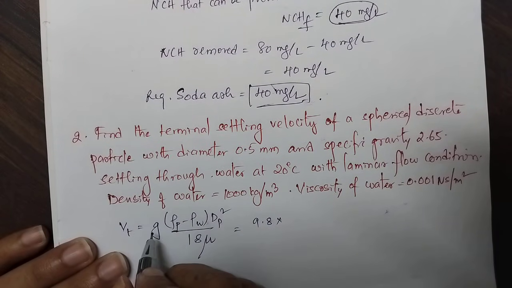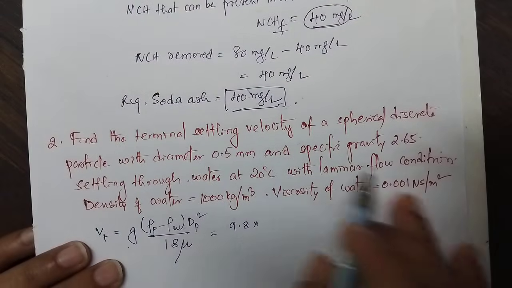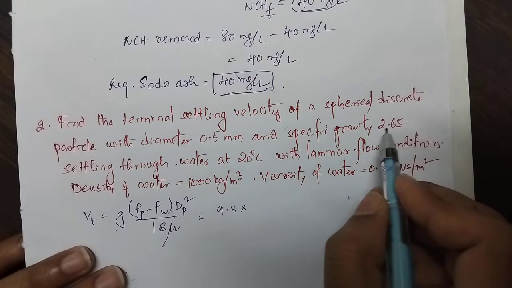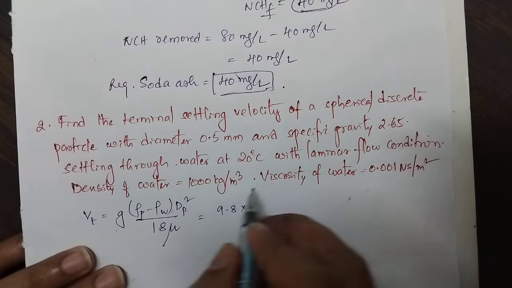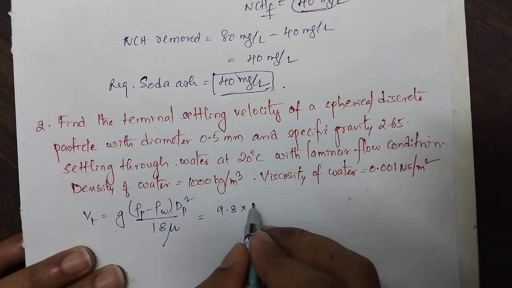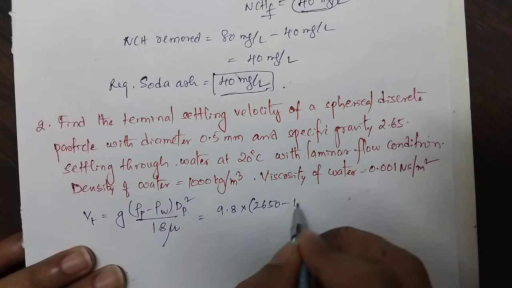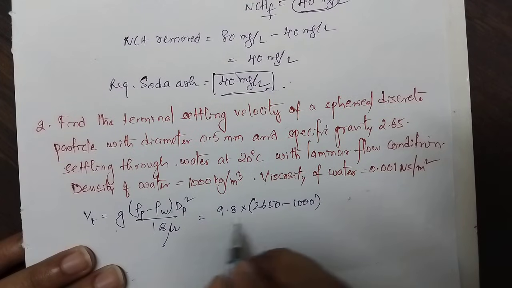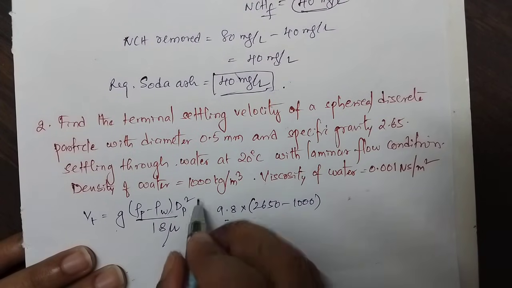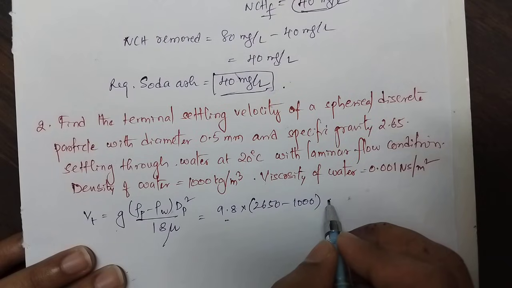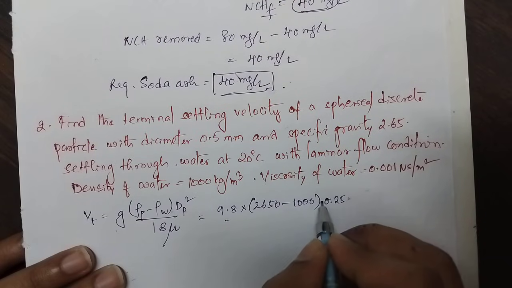Density of particle is given in terms of specific gravity, 2.65, so in kg per meter cube it is 2650, minus density of water 1000, times diameter of particle 0.5 whole squared, that is 0.25.